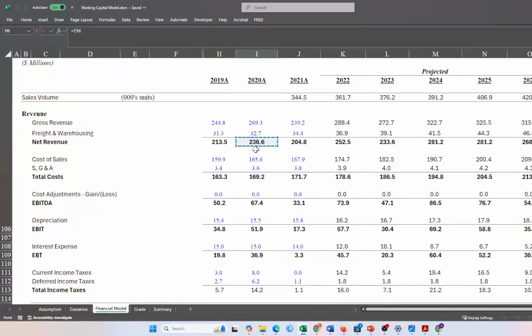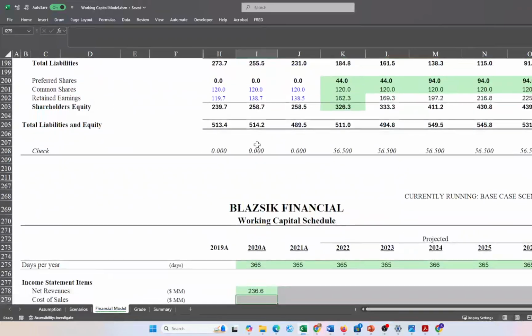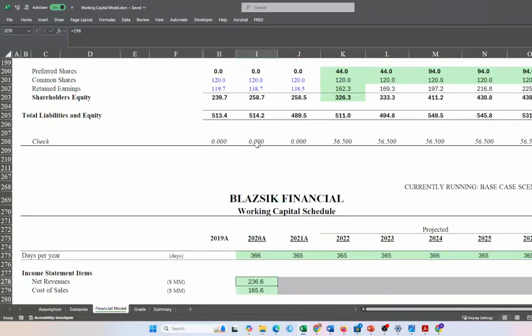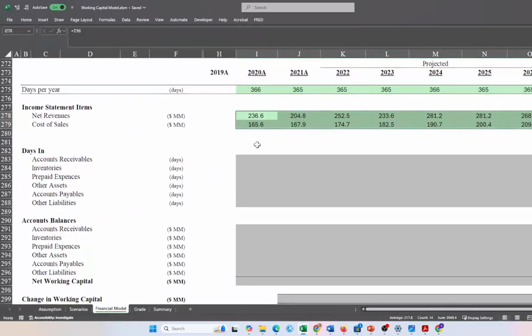I96, that means 97, 98 is the next one I need. That'd be I98. So I got those two there. Remember, cost of sales and net revenue. Bring that across. Okay, so we imported down the two variables we need from the income statement.